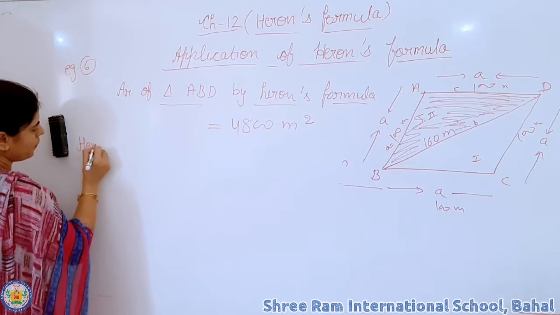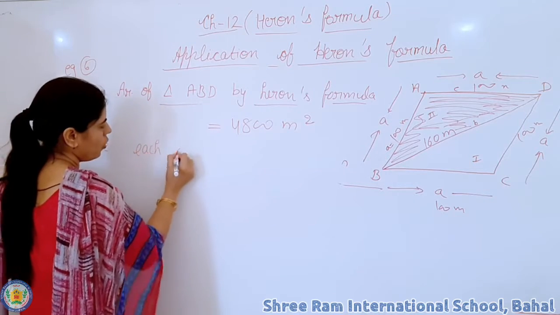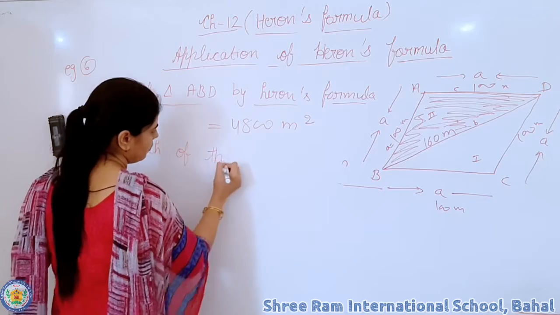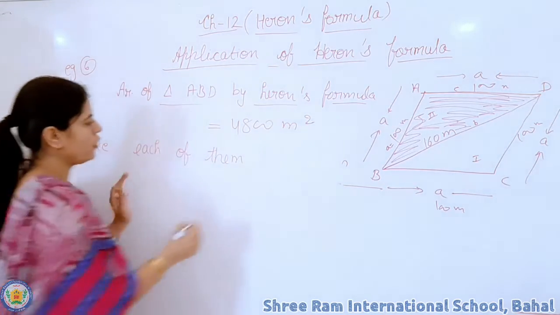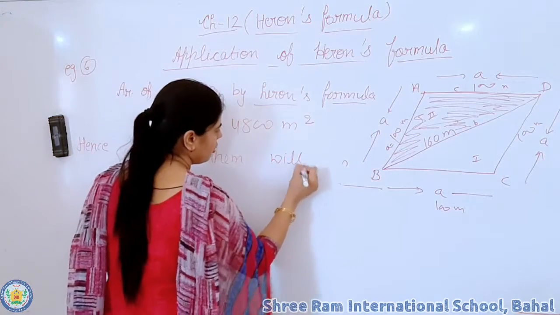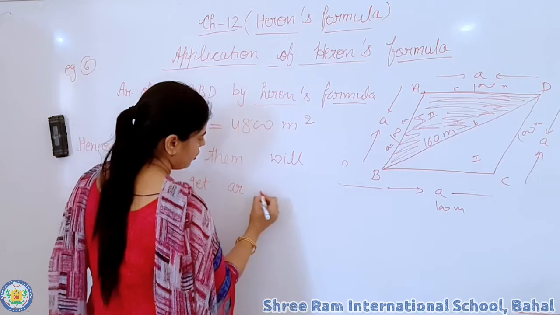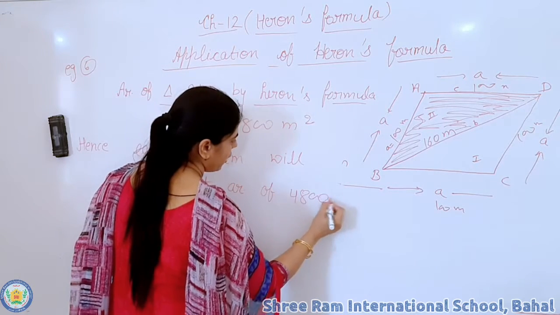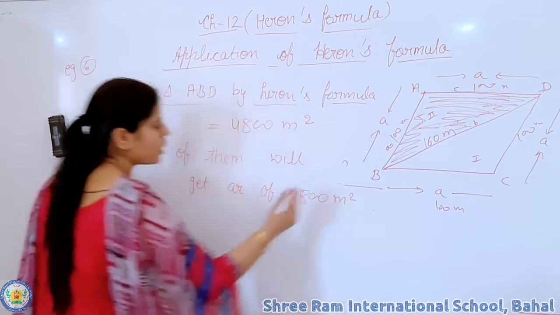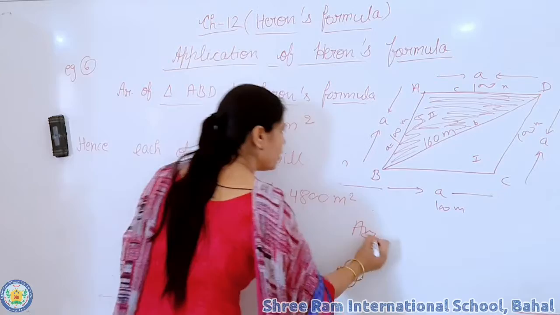Hence, we can say that each of them, her daughter and her son, will get an area of 4800 meter square. Okay, this is the answer.